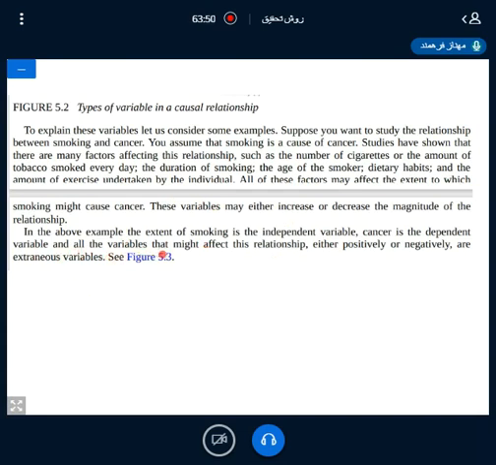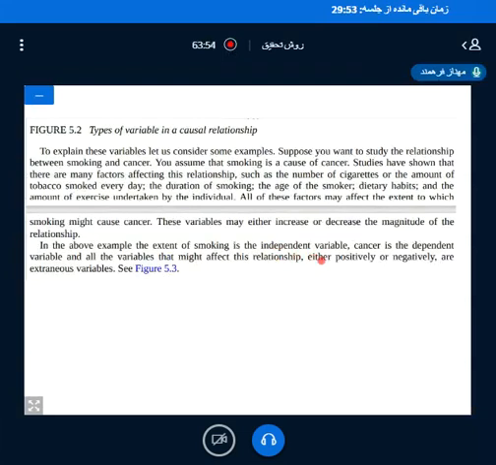And the variables that might affect this relationship, either positively or negatively, are extraneous variables. So please notice.